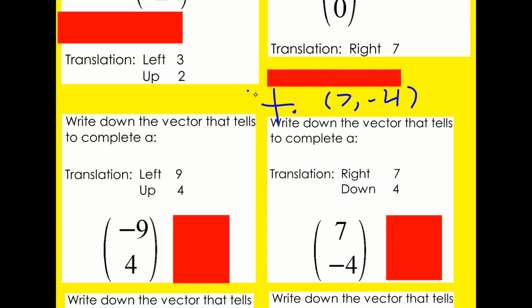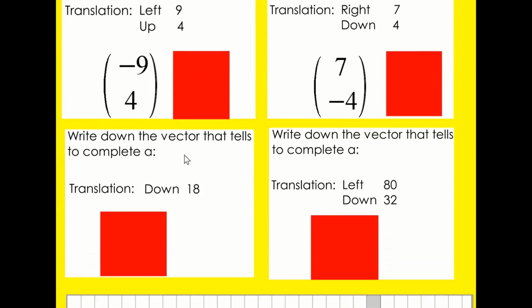So it doesn't matter where I am on my grid, I could be here, then I'm going to go along 7 and down 4. So notice the difference. We use brackets for both, but we write these vertically. And by the way, we never ever write it as a fraction. I see people doing that. We write it as a column. It's called a column vector. And it denotes a translation in this case. It also has other uses.